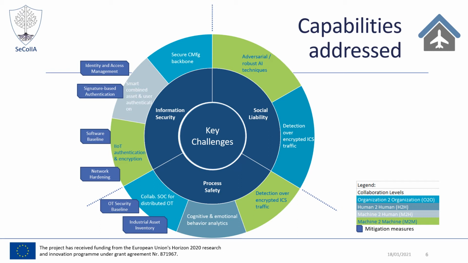On the process safety side of things, we thought about a collaborative SOC for distributed OT, which is part of the SeCoIIA project. So creating an OT security baseline, and with the industrial asset inventory, all of that information will be gathered into the collaborative SOC.